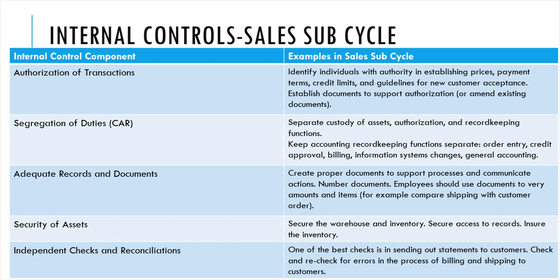And then segregation of duties. Sometimes I say CAR, sometimes I say ARC. I want you to know authorization, record keeping, and custody all have to be kept separate. So we have to keep the swim lanes and keep them all separate in whatever we do. In our second transaction, we have cash coming in, and cash is an asset we need to think about.